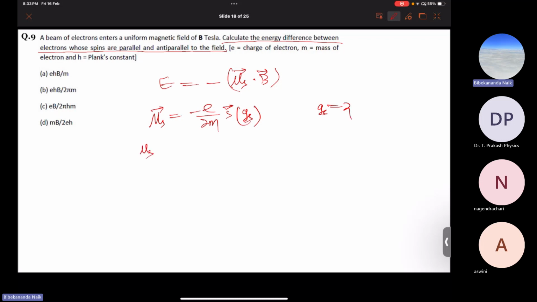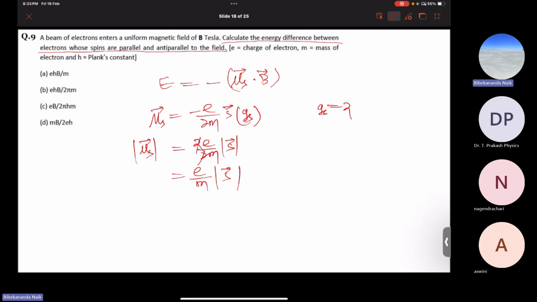So the magnitude of mu s will be 2e by 2m into the magnitude of s vector. It will be e by m times the magnitude of s vector.